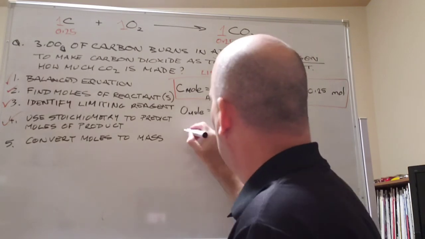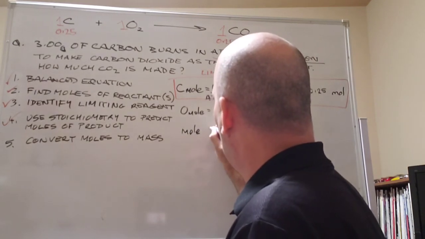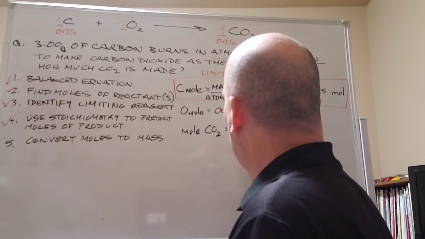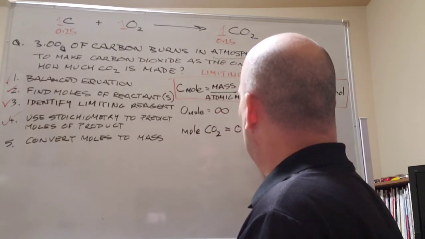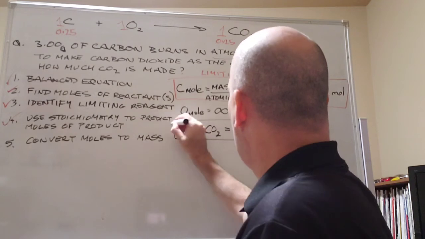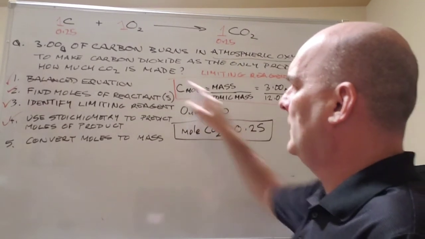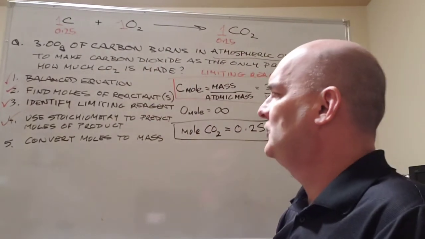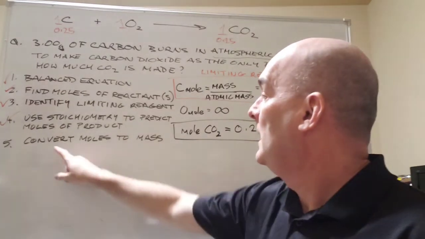The moles of CO2 that you make is going to be 0.25. It's the same number. These two are going to be the same number. It's a 1-to-1 ratio.